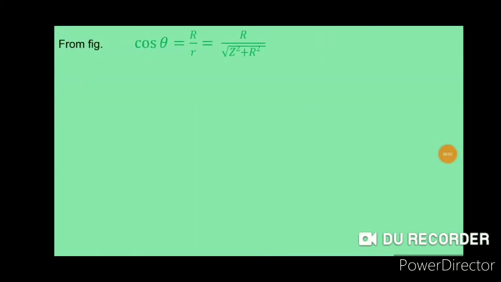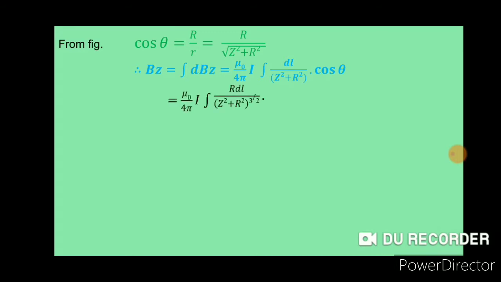From the figure, cos theta is equal to capital R divided by small r, which is R divided by square root of z square plus R square. Therefore, Bz is equal to the integration of dBz, equal to mu 0 upon 4 pi I integration of dl divided by bracket z square plus R square into cos theta. Again this equals mu 0 upon 4 pi I integration of R dl divided by z square plus R square raised to 3 by 2.